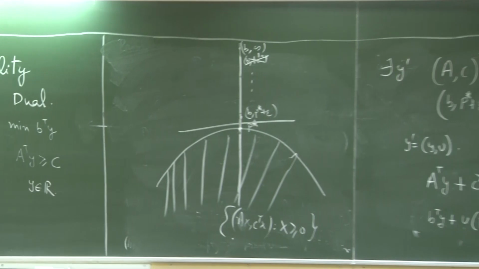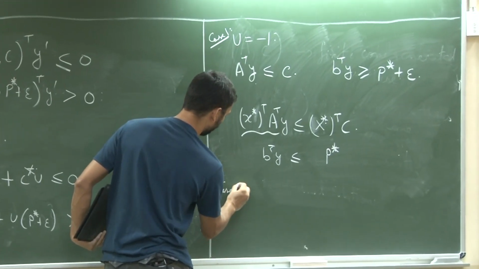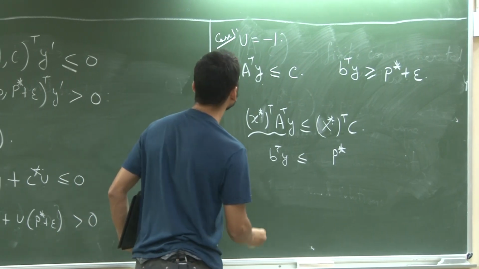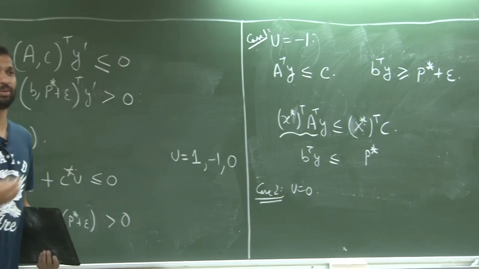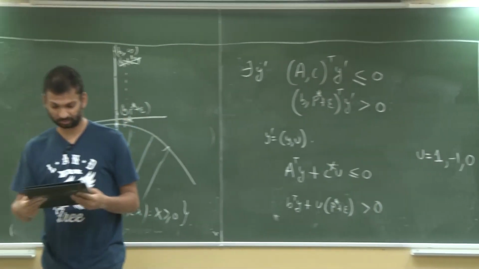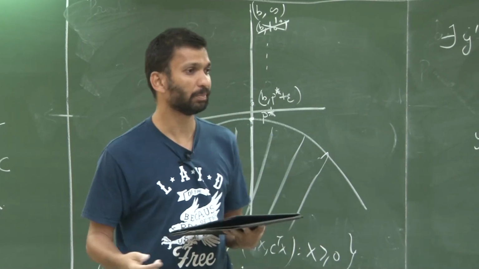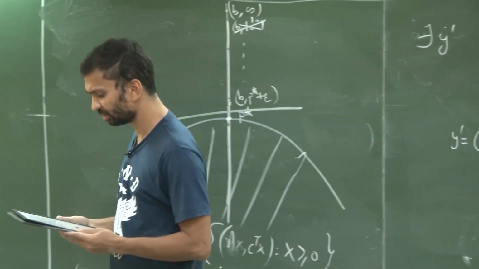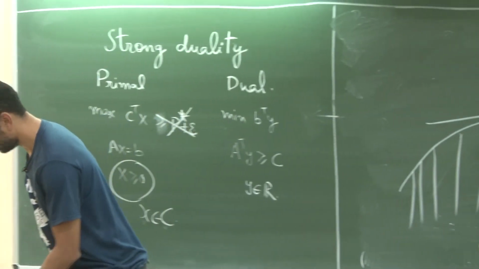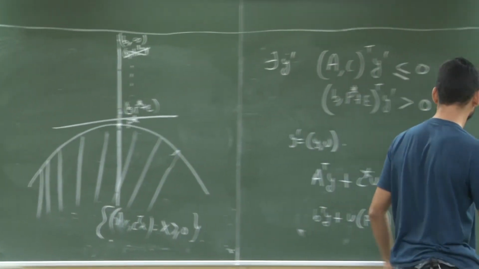Good. So case 1, case 2, u equal to 0. You will tell me what happens at u equal to 0. Do it on your paper, pen and paper. Case u equal to 0: do you get a dual feasible solution? You have these equations.